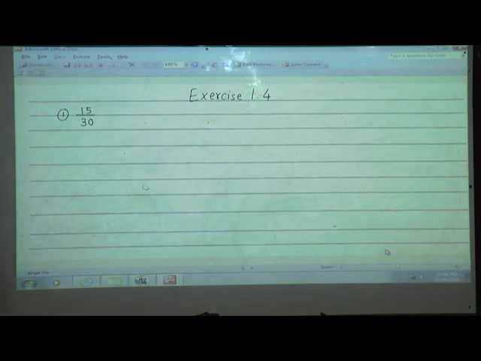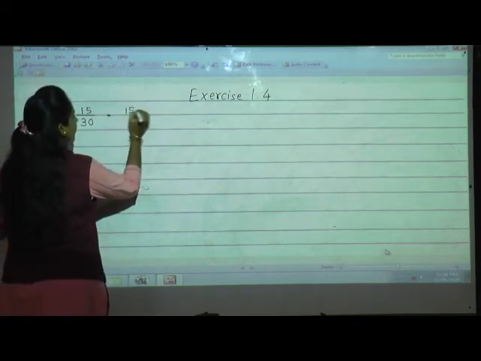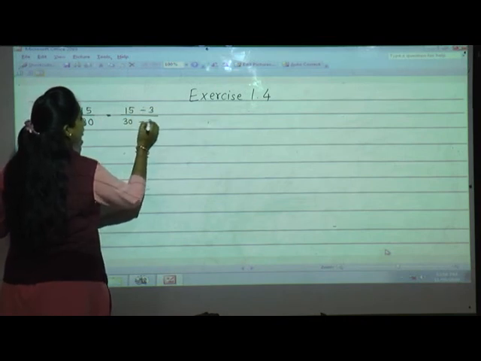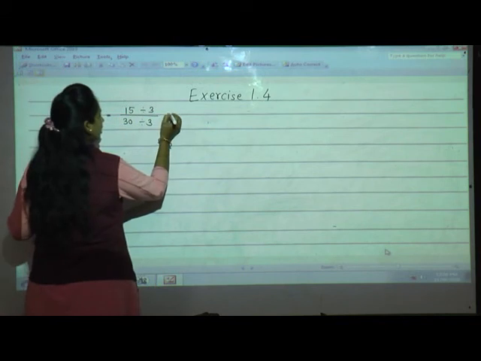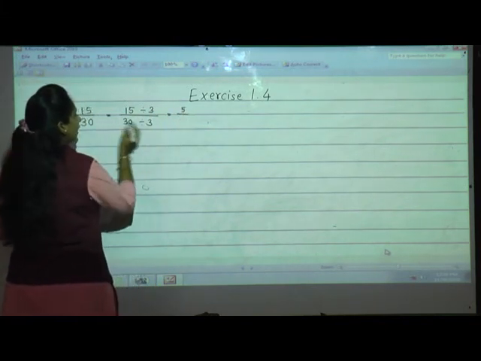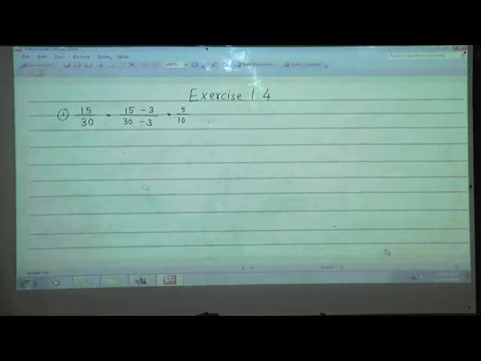Now see, with 3 can we divide this number? Yes, we can. 15 divided by 3, 30 divided by 3. 15 divided by 3 we get 5, 3 fives are 15, and 30 divided by 3 we get 10, 3 tens are 30. Are you getting? Yes.